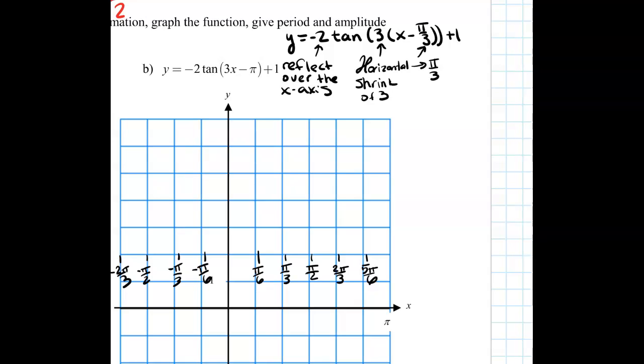And then that 2 out in front actually makes that a vertical stretch. And then finally, the last thing that we're going to do is shift the entire graph up 1.